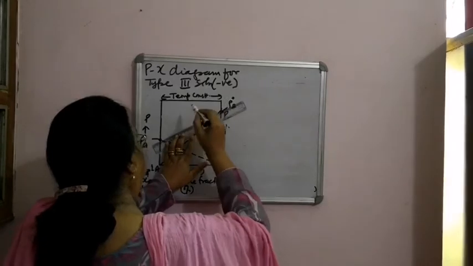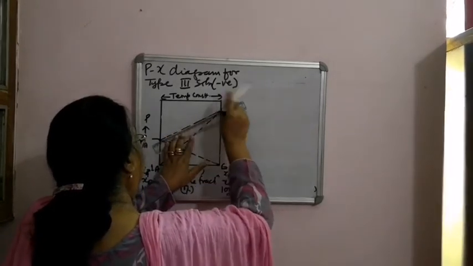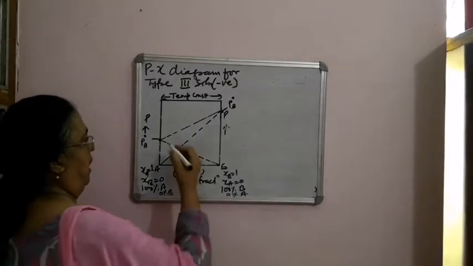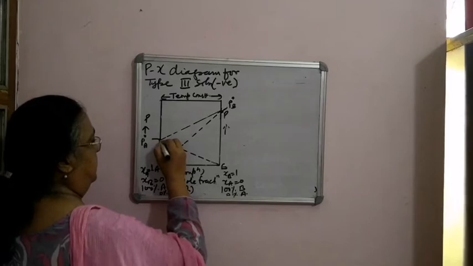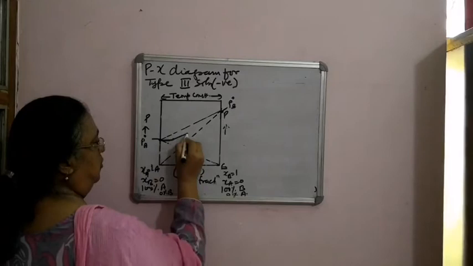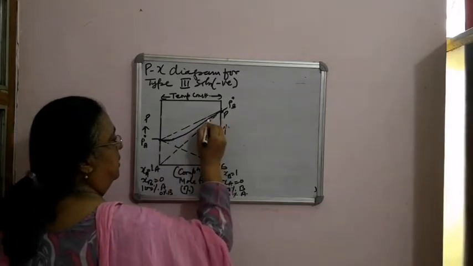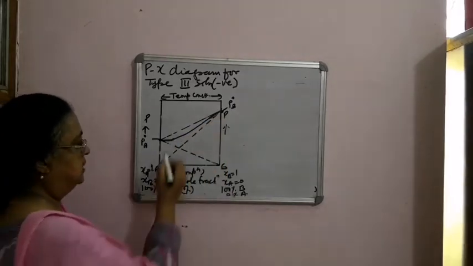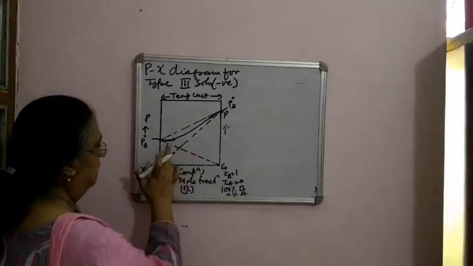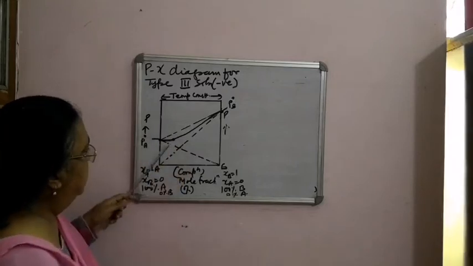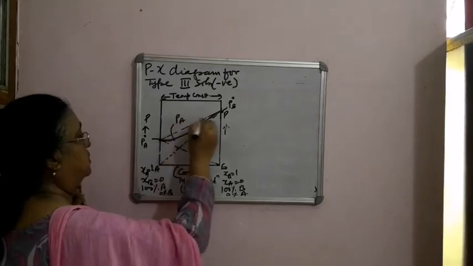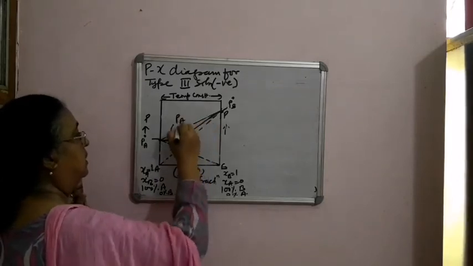Now for the solution, in this case, the vapor pressure of solution at one point will be quite less than the vapor pressure at this point. This is the vapor pressure of the solution, this curve, and this is your minimum.